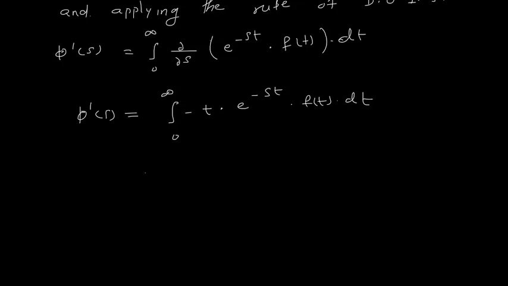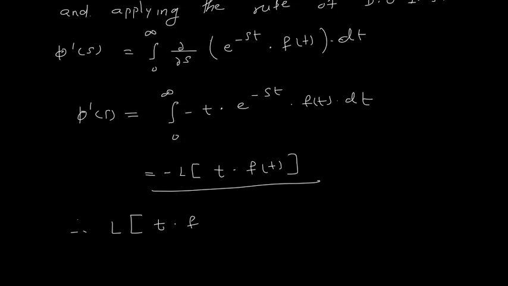So this is nothing but, I will take this minus sign out, minus Laplace of t into f of t. So therefore I will say that Laplace of t into f of t is equal to minus of phi dash s.